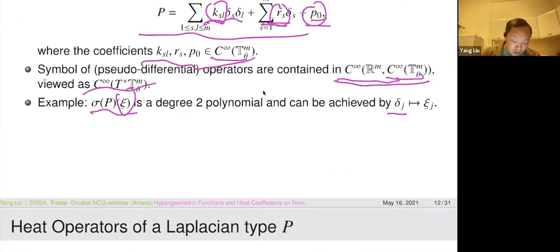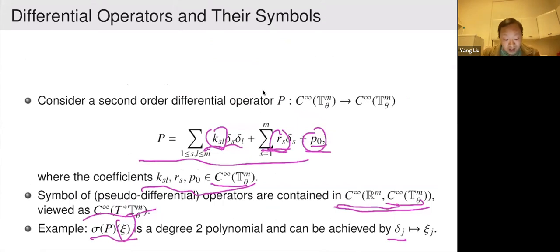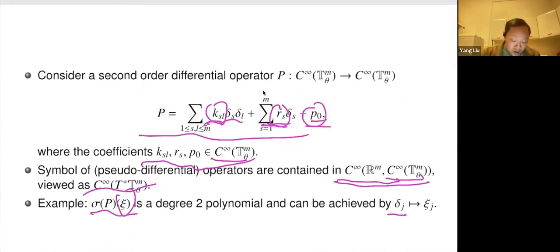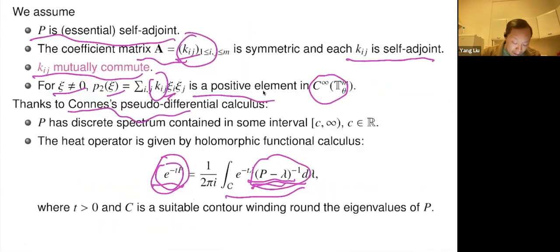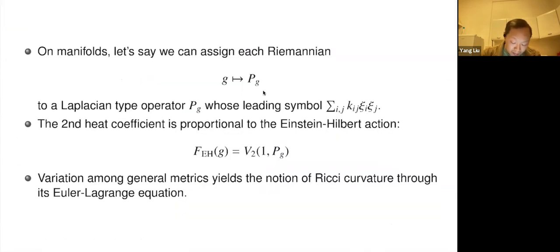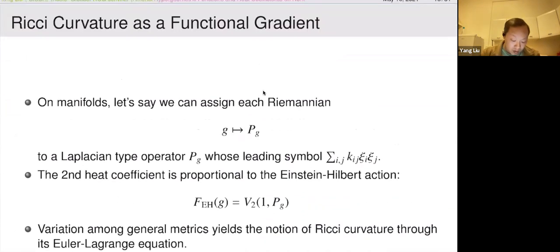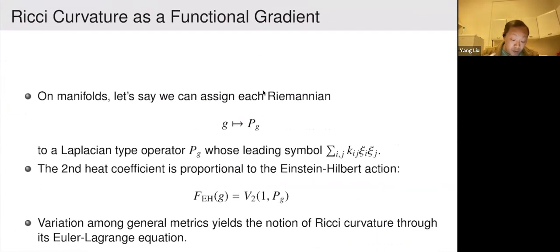The reason is that if we can compute the second coefficient, then in this case the second heat coefficient is proportional to the Einstein-Hilbert action.